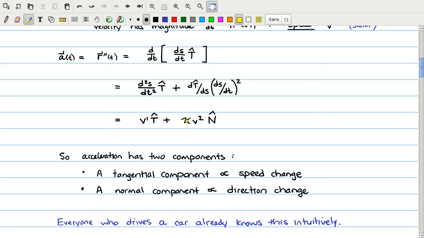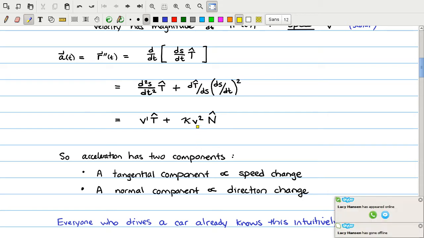If you turn to the left sharply, you will feel yourself flying to the right, which seems not what this is saying, but eventually you will hit something on the right side of you, and that object will then accelerate you to the left, in the direction that you're turning. And so this term is of the correct sign. The car, as it accelerates around the corner, will cause you to accelerate around the corner as well, and so in some capacity it will push you in the direction that you're turning.